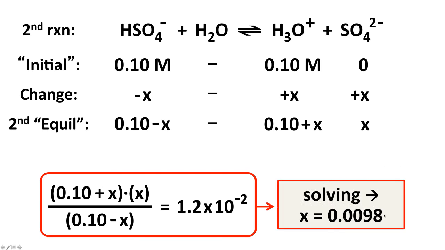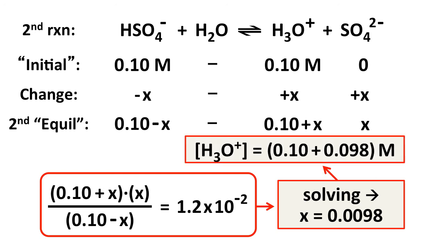And then the other thing to be aware of is, unlike in the monoprotic acid calculations, this X does not represent the H3O plus concentration. Because we've had two dissociations, and the first dissociation gave 0.1 molar H3O plus, and then the second dissociation adds another 0.0098. So, to do our calculations and to get the pH, we need to add up the 0.1 and the 0.0098 molar H3O plus concentrations from the two dissociations.